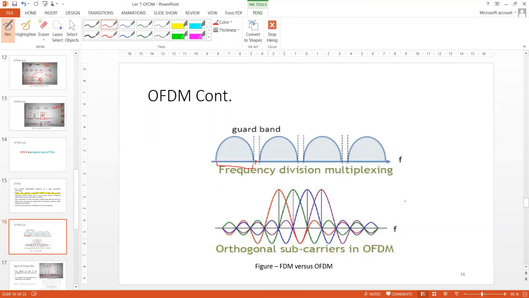However, in the case of OFDM, orthogonal subcarriers are used, and each subcarrier is closely spaced with one another without the insertion of guard bands. As you can see, almost 50% of the spectrum is still underutilized, and you can utilize the remaining 50% to transmit more information. That is why it is able to transmit more information as compared to the existing frequency division multiplexing.